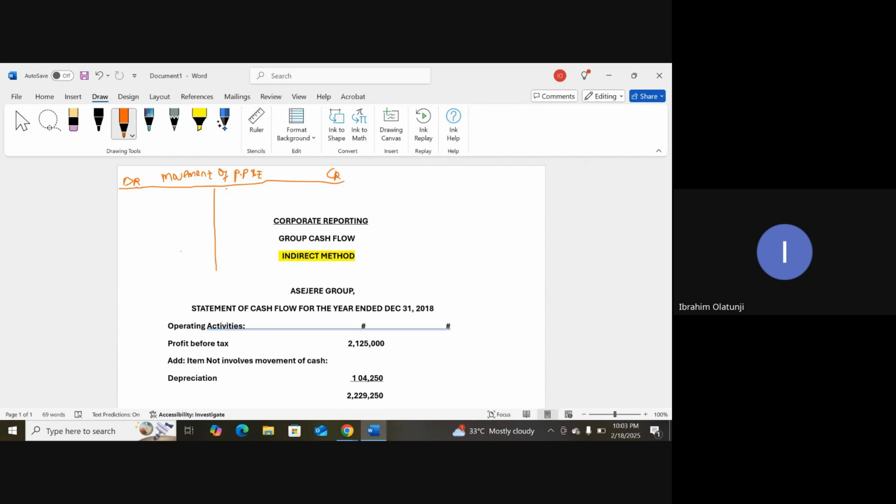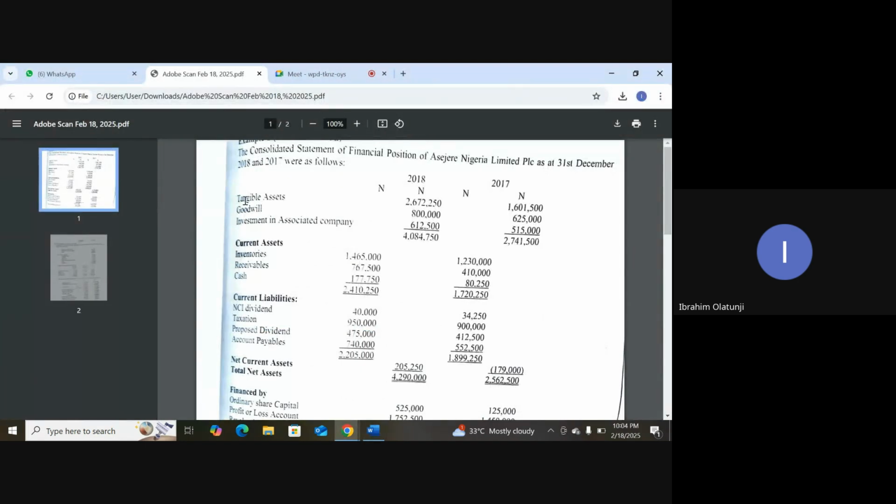Because PPE is an asset, and if you remember, I said an asset always has a debit balance, which is balance brought forward. So then you check it, you can see tangible asset 2018.